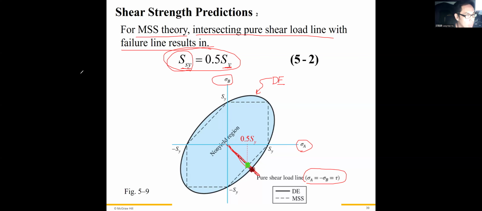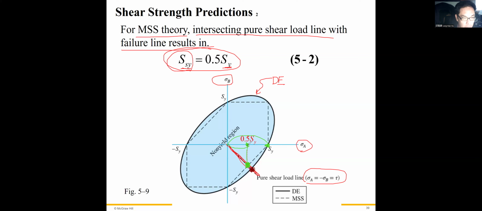Okay, and then we can project the point to the sigma A axis, and we find the point on the sigma A axis. This point is the yielding stress, right? So we compare the distance between the projected point and the yielding point.